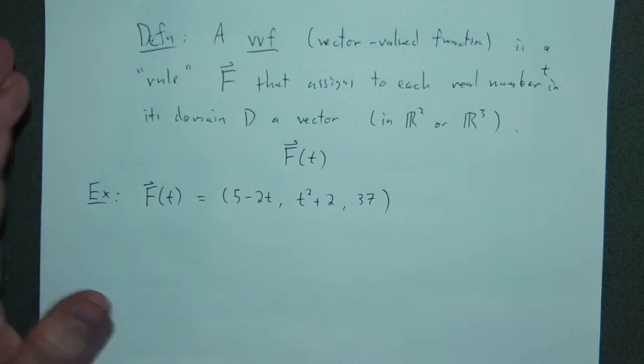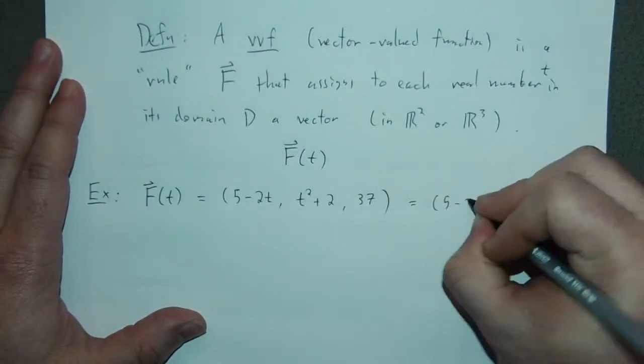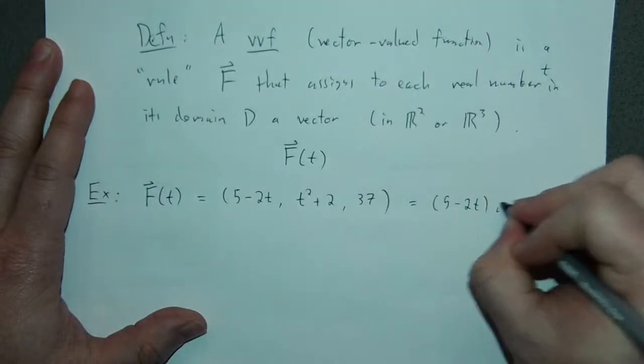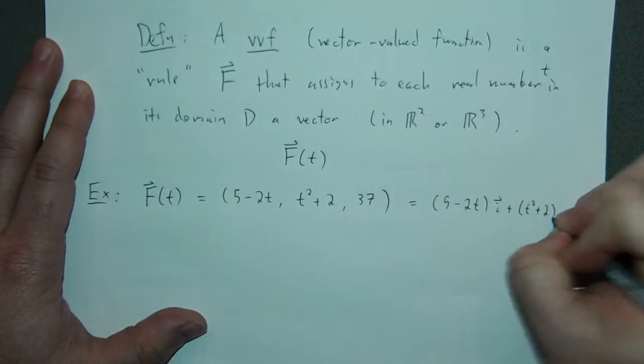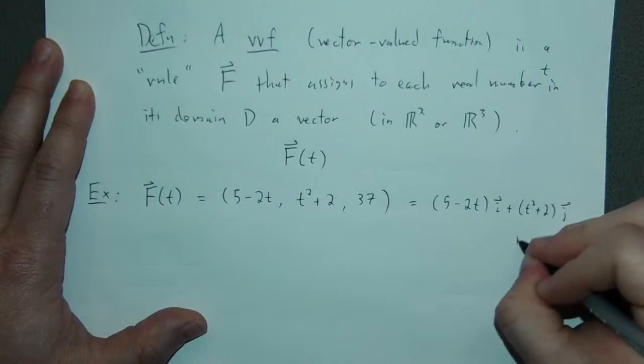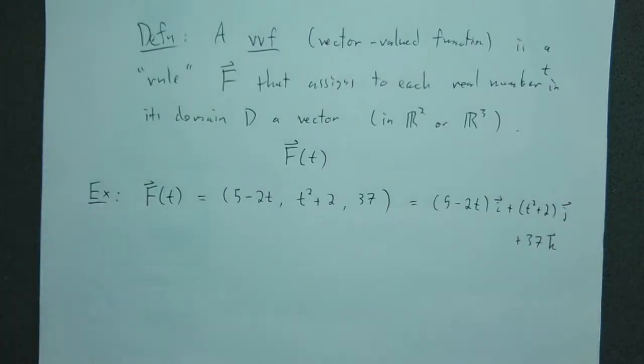Of course, I could write this in a different way, right? I could write this as 5 minus 2t i plus t squared plus 2 j plus 37 k.